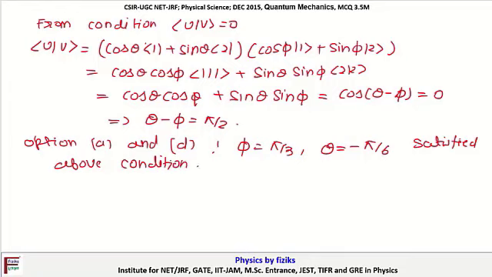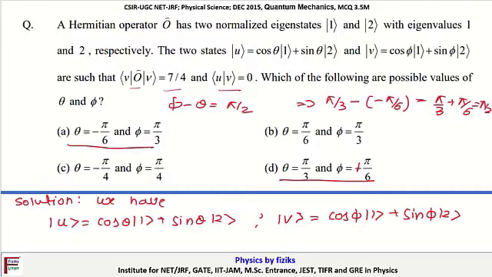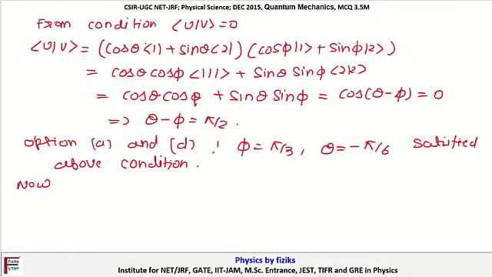Here this term should be positive, otherwise both these options would be the same. Second, option C, phi equals pi by 4 and theta equals minus pi by 4, also satisfies.